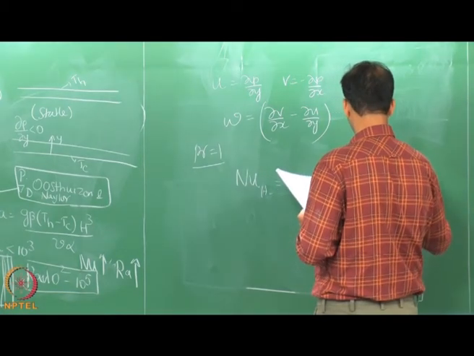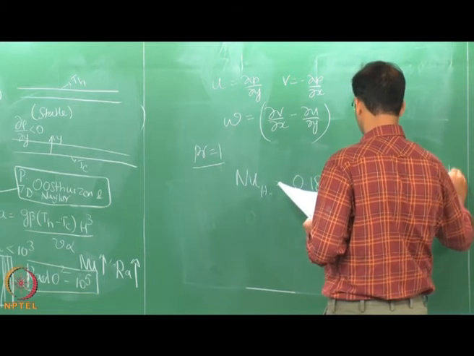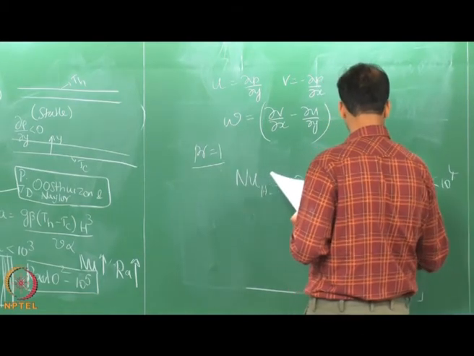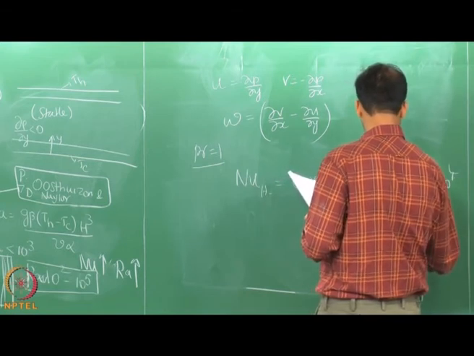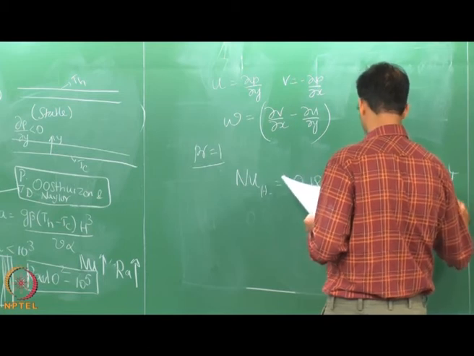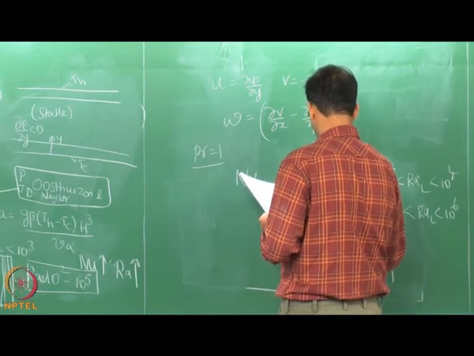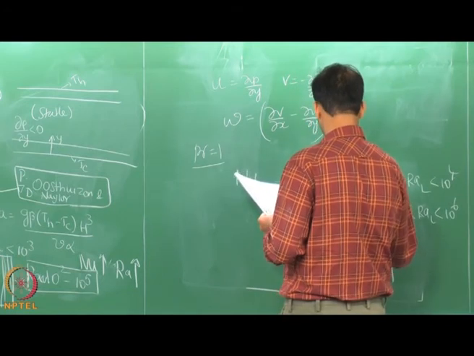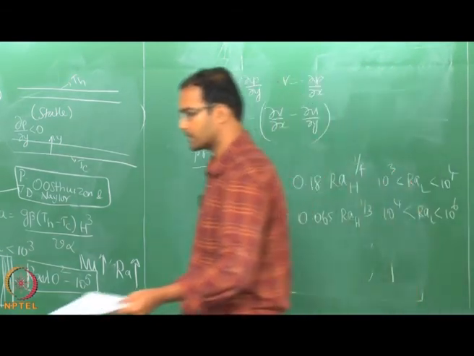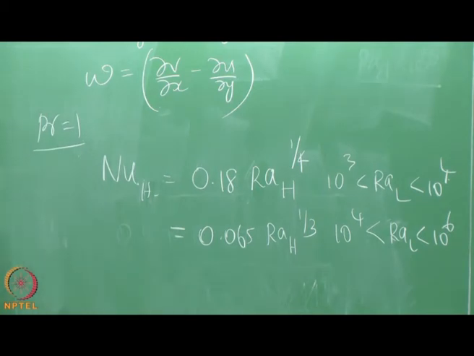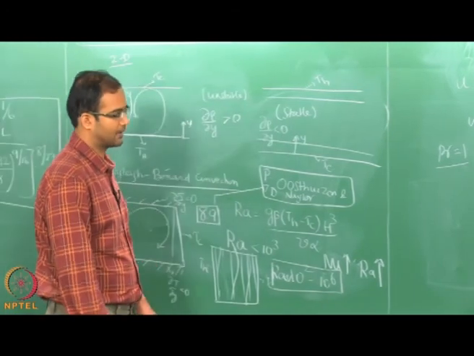For the Rayleigh number between 10^3 and 10^4, this is the correlation, and for Rayleigh number between 10^4 and 10^6, the correlation becomes 0.065 Ra^(1/3). You can actually try up to 10^6 if you can run the code. If you cannot run up to 10^6, you can stop at 10^5.